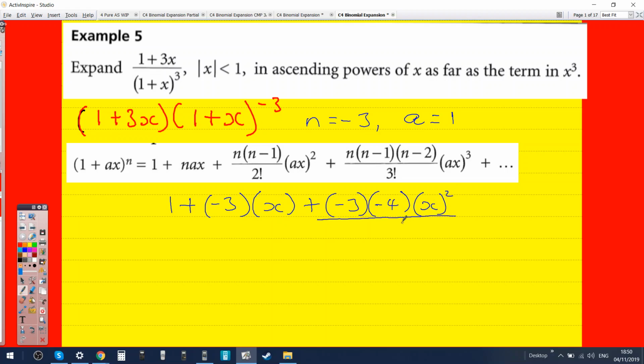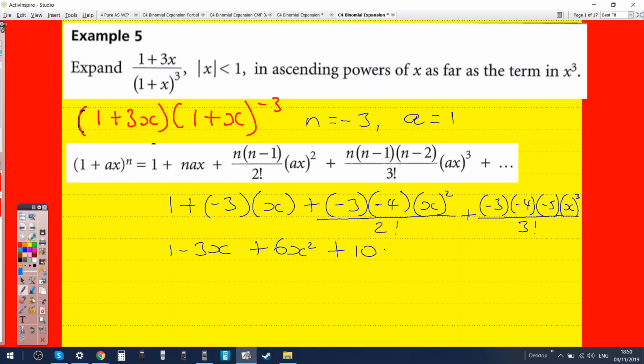X cubed. Okay, so in the end I get 1 minus 3x plus 6x squared minus 10x cubed.